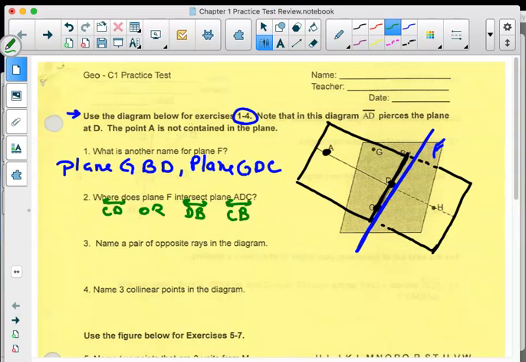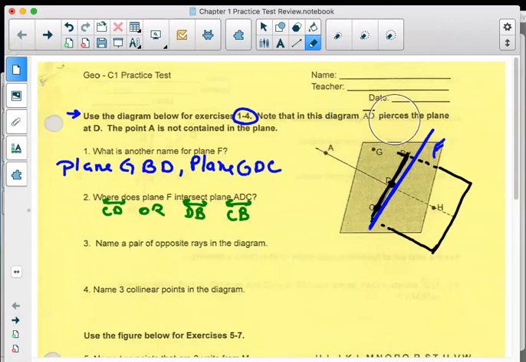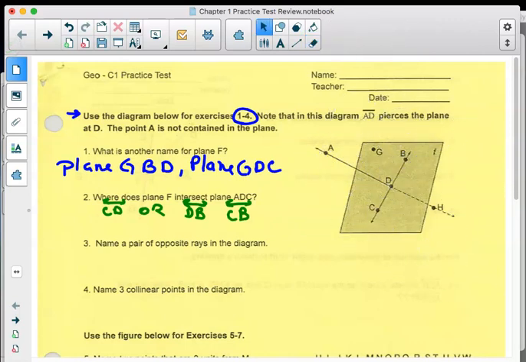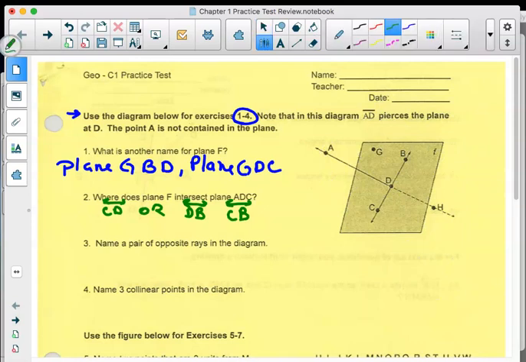Now in 3, name a pair of opposite rays in the diagram. Opposite rays go in opposite directions, thus the name, but they only have a point in common and they make a line. So from D, the opposite rays would be ray DB and ray DC.